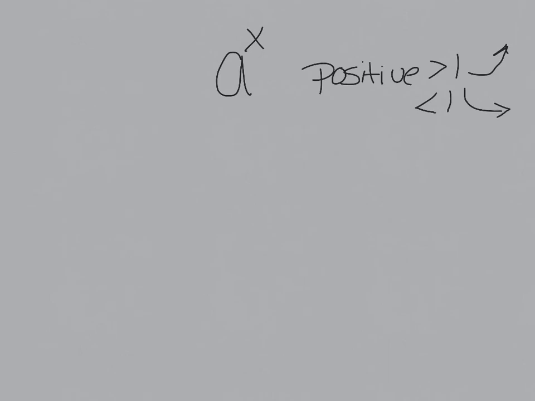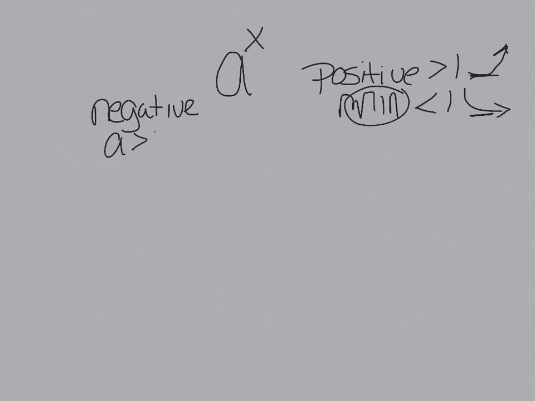All right? Both of these are minimums. Both of them are minimums. They both have a bottom. You say, well, when do we have a maximum? If it's negative, if A is greater than 1, then this is growth, right?